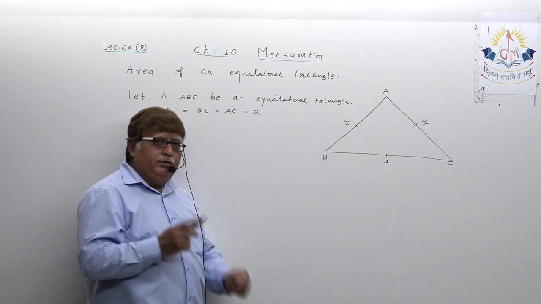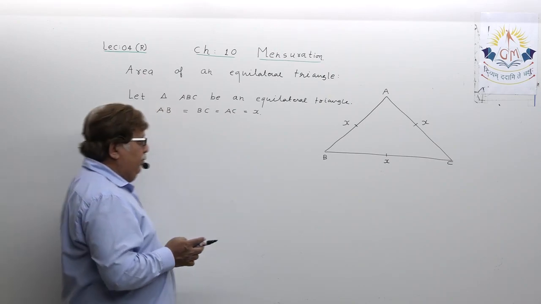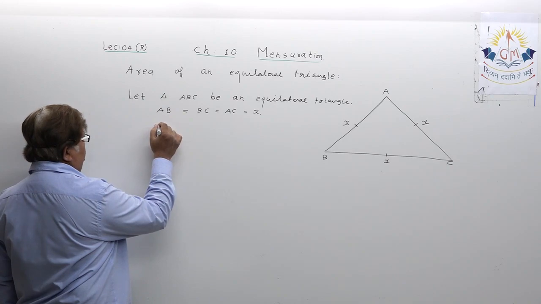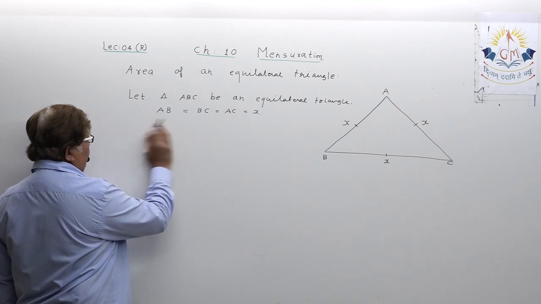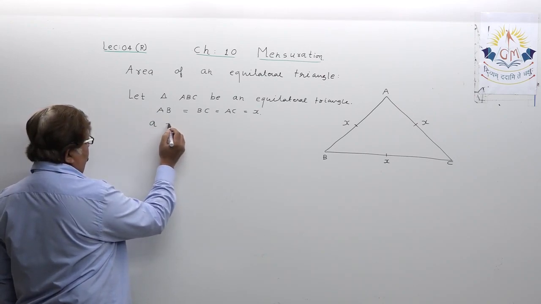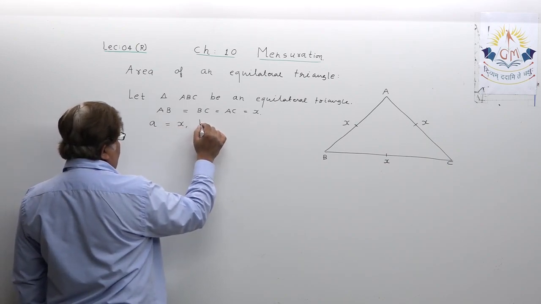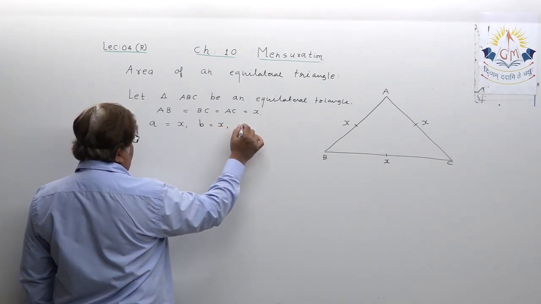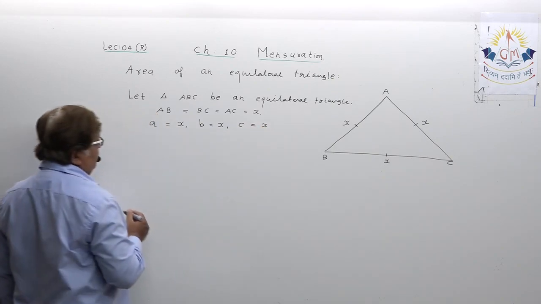Now we are looking for finding the semi-perimeter. Let us write, dear student, S you can take this way. I must say a equal to x. You know this, okay, dear student? b equal to x, and I must say c equal to x.